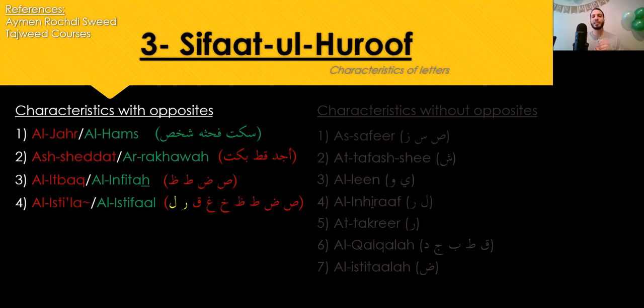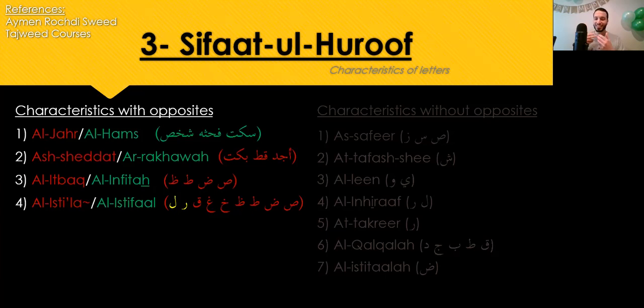The second characteristic that the scholars use for us: ash-shidda versus ar-rakhawa. So this is about the sound. You have to be very careful because the first one is about the breath, the nafas. The second one is about the sound, the sawt.